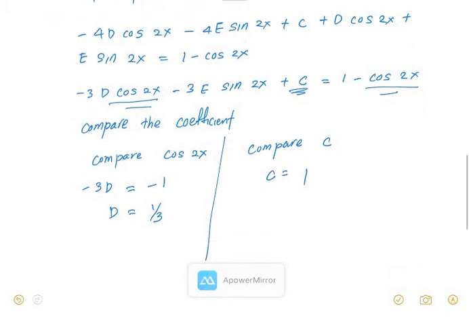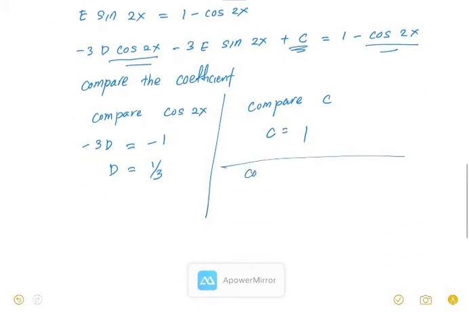Then I haven't compared for the sine. So I compare for the sine 2x. At the left hand side, I get negative 3e. At the right hand side, I get 0. So e is equal to 0.